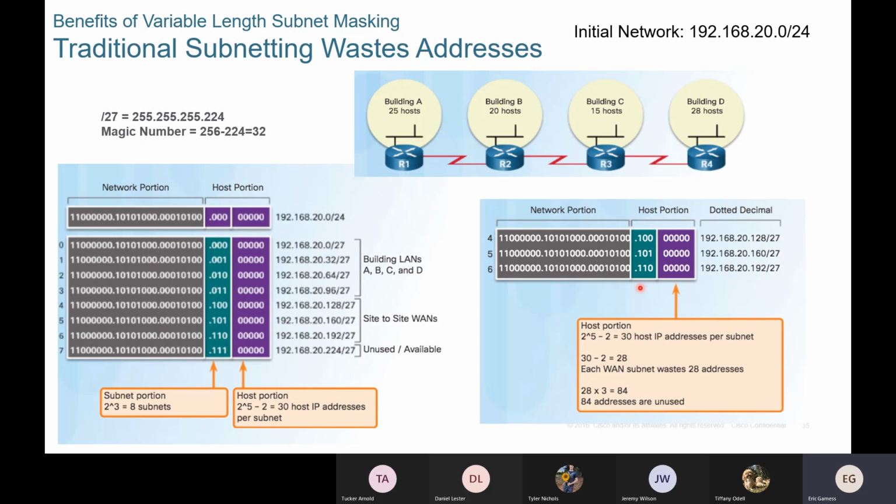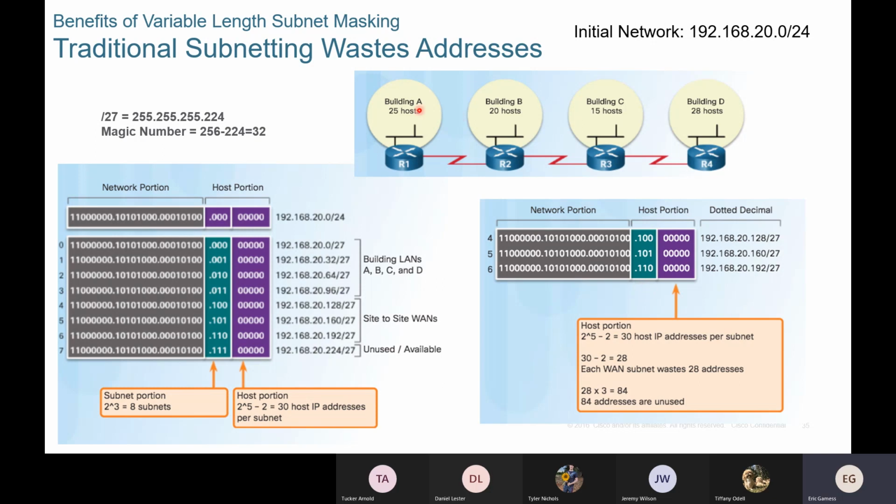If I have 5 bits, how many IP addresses will I have in each subnet? 2 to the power of 5, and 2 to the power of 5 is 32.